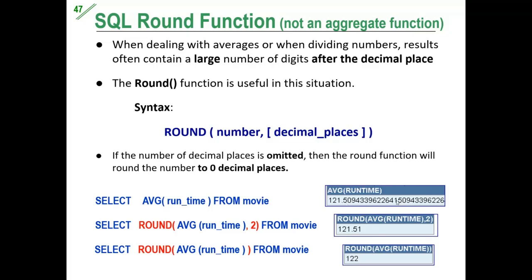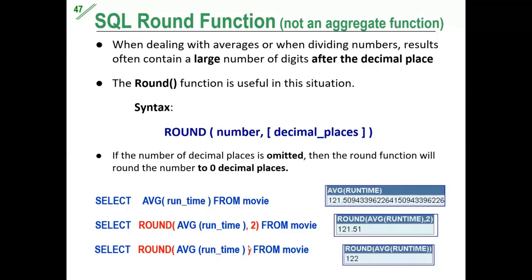I don't want that to happen. I want only 2 decimal points. So I can wrap the function with another function called the round function. Inside the round function, I put the average function, and then I put how many decimal points I need. In this case, I want only 2 decimal points, so I just put 2. So this is my answer.